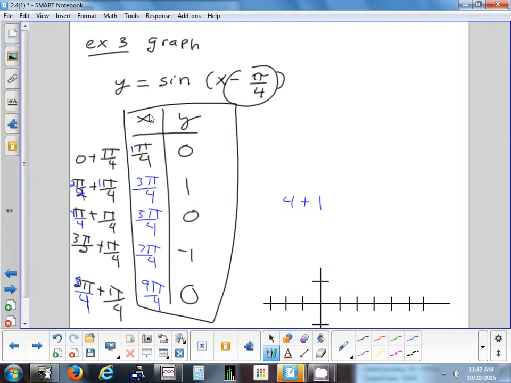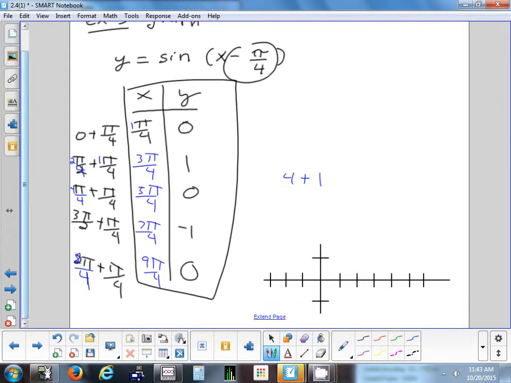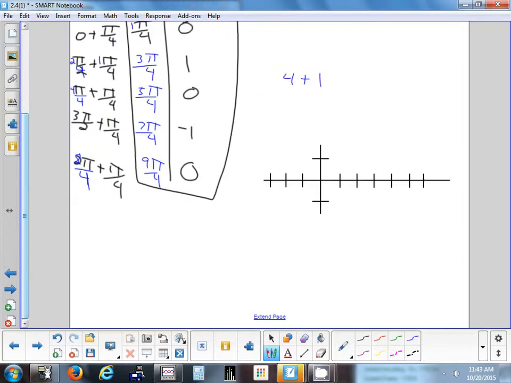All right, and last thing we're going to do our sketch. Okay, so one point for every one of those. Table is going to be worth 10 points on the test. All right, my sketch. Pi over 4, 3 pi over 4, 5 pi over 4, and 9 pi over 4.